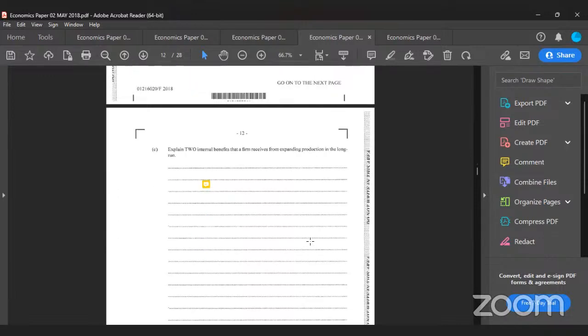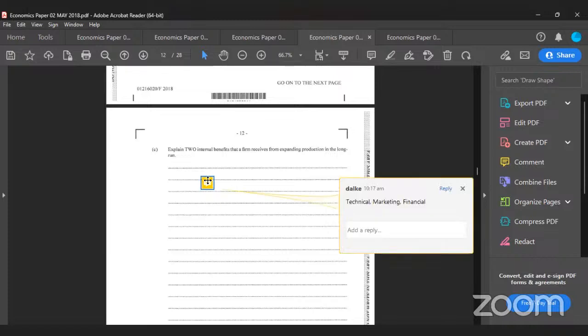Part C asks us to explain 2 internal benefits that a firm receives from expanding production in the long run. So this question is testing your knowledge of economies of scale. I wrote a few economies of scale here: technical, marketing, and financial.